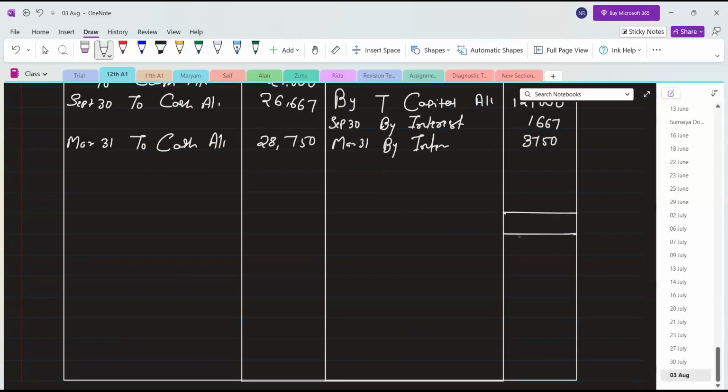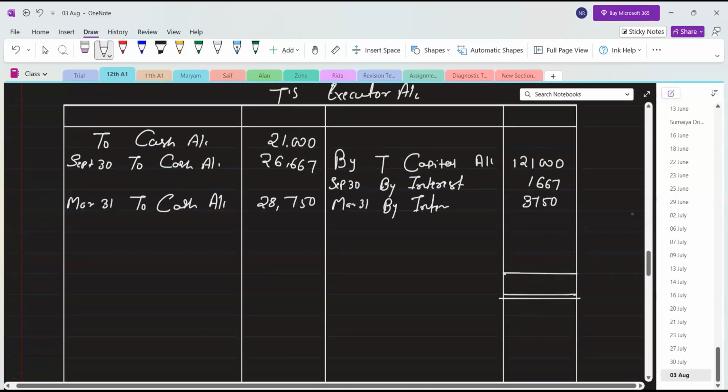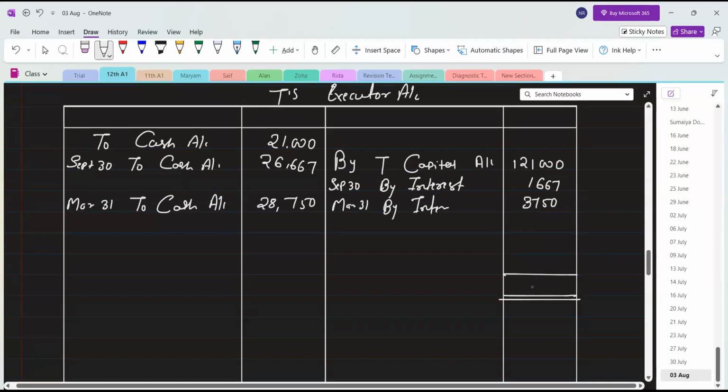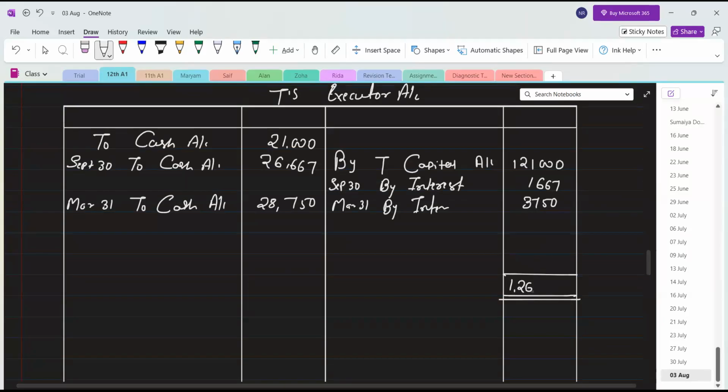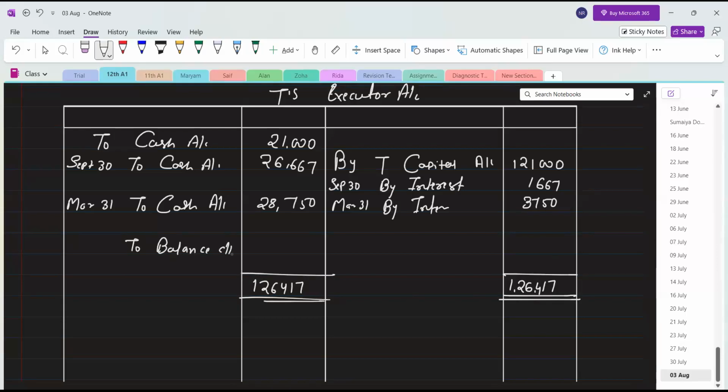When we calculate the balance, it will be 126,417, and then the balance CD, it will be 50,000.